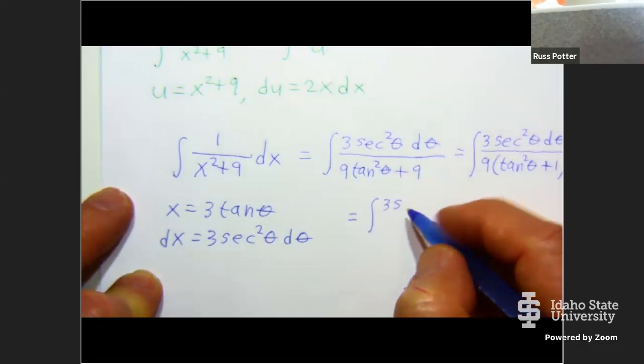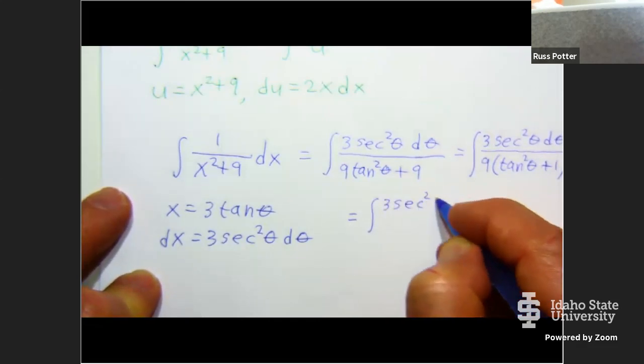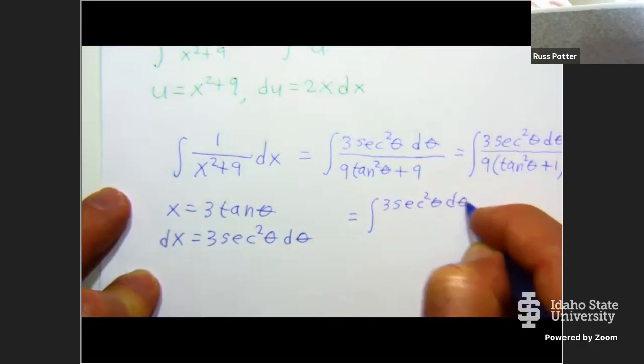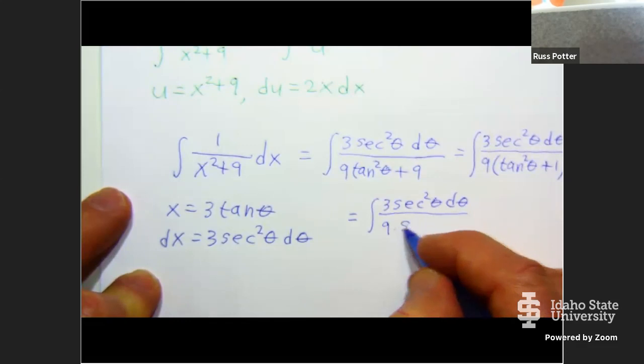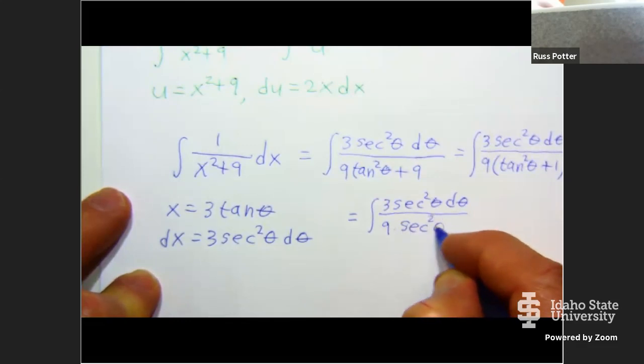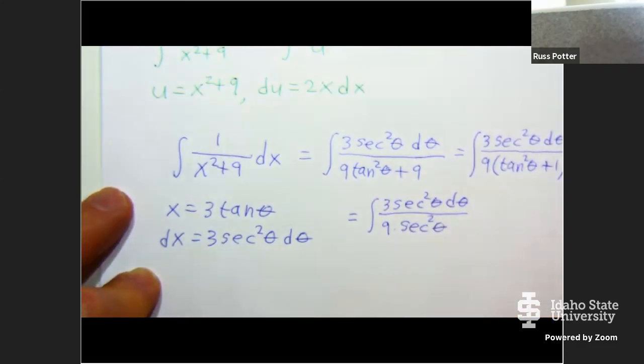So 3 times secant of theta squared d theta over 9 times secant of theta squared. Secant of theta squared divided by secant of theta squared is 1. 3 divided by 9 is 1/3.